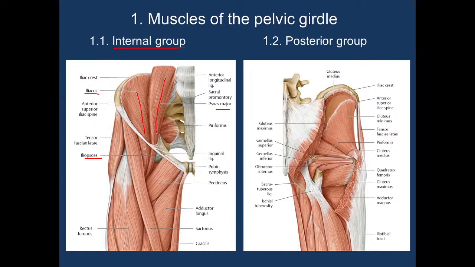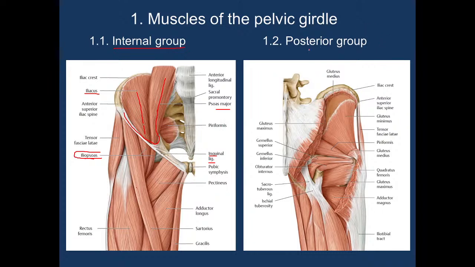Joined together, they form the iliopsoas, which is located under the inguinal ligament here, and fixes on the thigh.